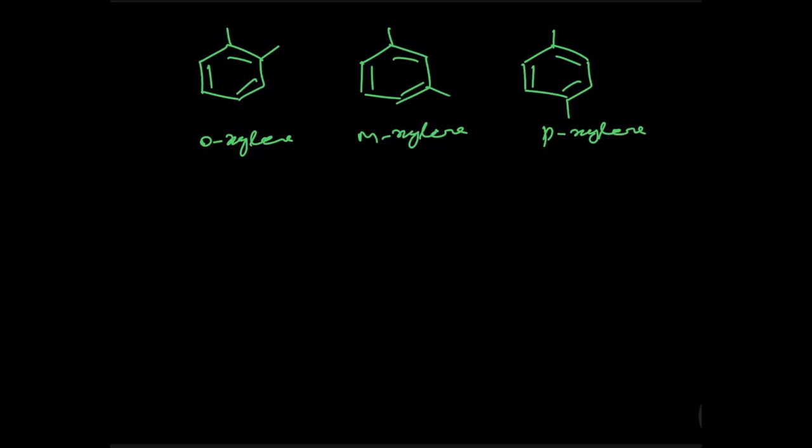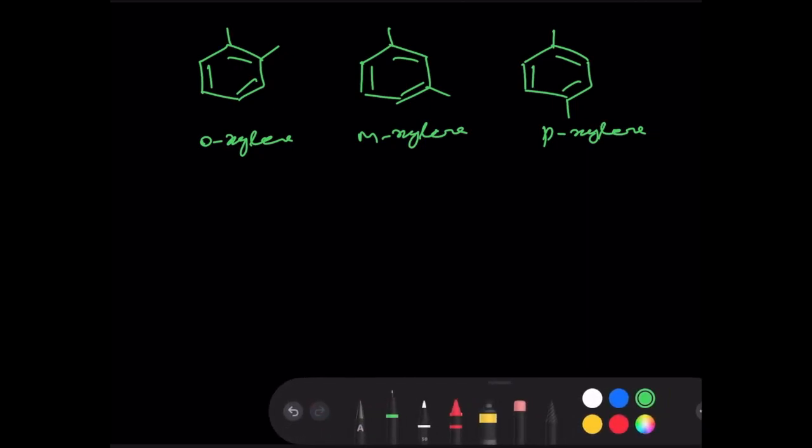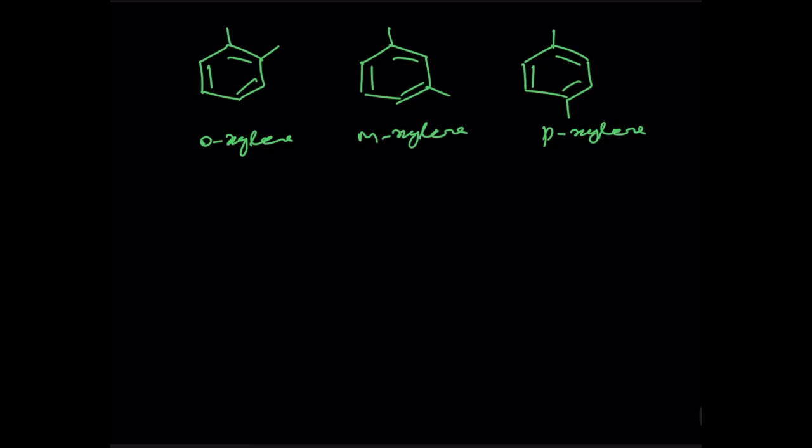So my question to you is, are they examples of ring chain isomerism? No, they are not examples of ring chain isomerism, because the common thing here is this ring, including the methyl group. That's the common thing. They are good examples for position isomerism. They are not ring chain isomers.